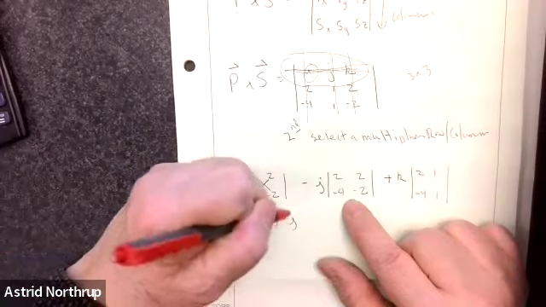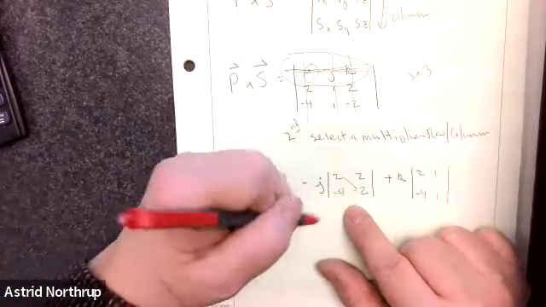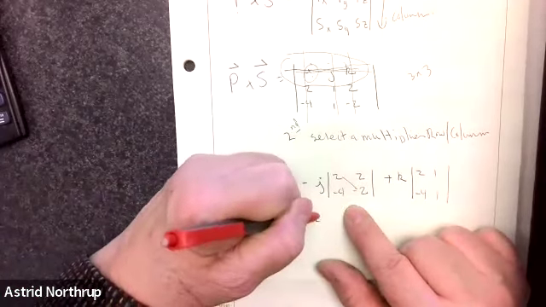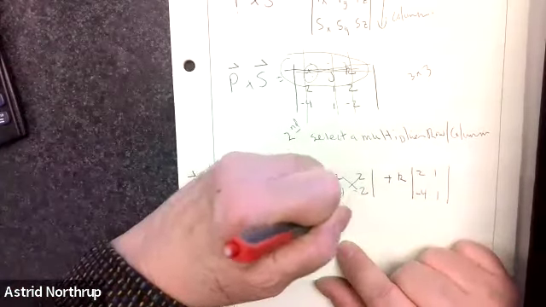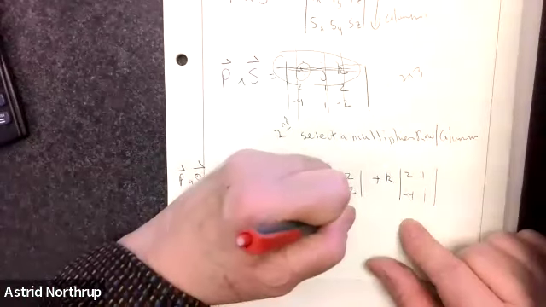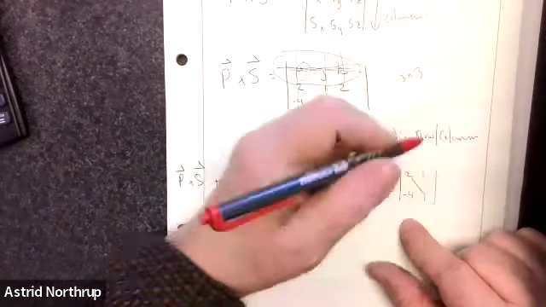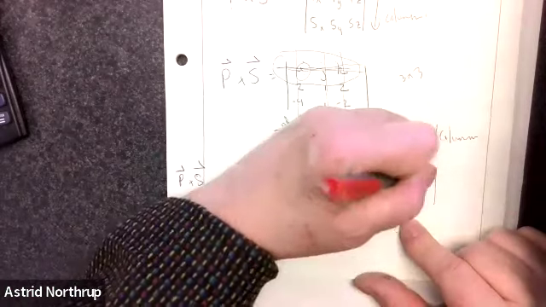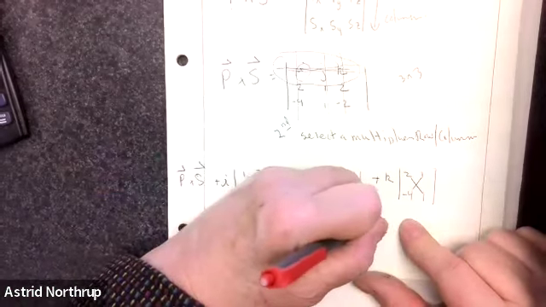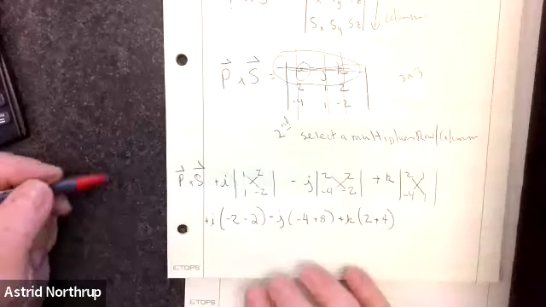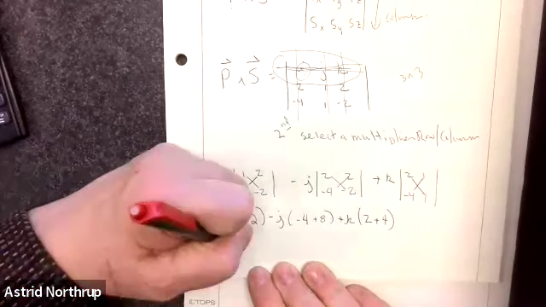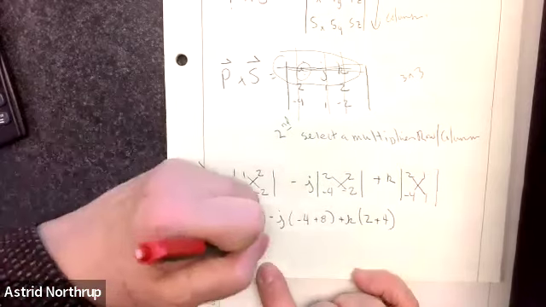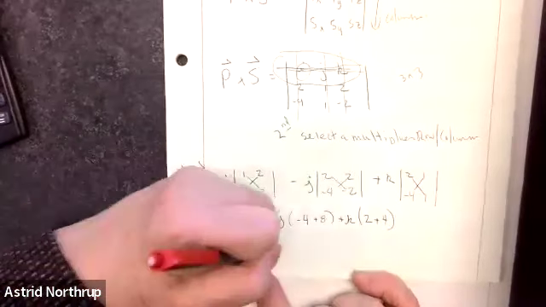Then you take a J, which is negative J, you multiply this times this, which is negative 4, minus a negative 8, which is a plus 8. And last but not least, you take K and multiply it by this times this, which is 2, minus 4, minus a minus 4, which is plus 4. So my answer is that P crossed with S is equal to negative 2 minus 2, which is negative 4 times I.